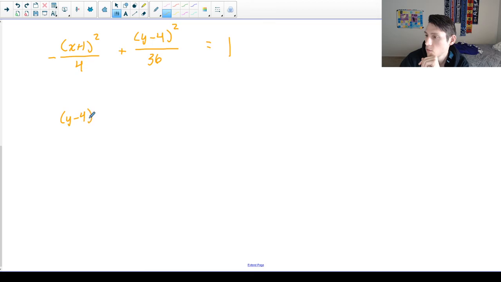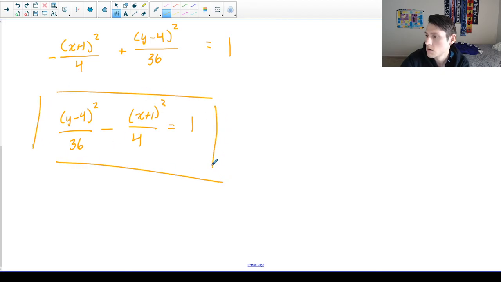So I'm going to put y minus 4 squared over 36 first, and then minus x plus 1 squared over 4 equals 1. And there's my answer. This is the hyperbola.